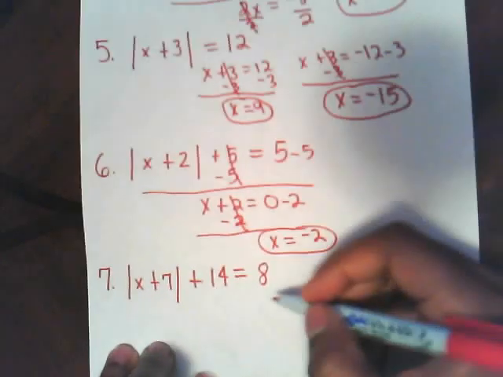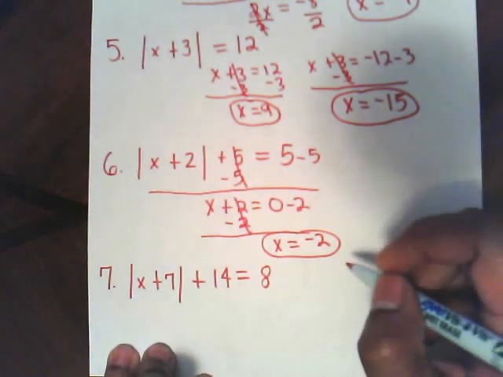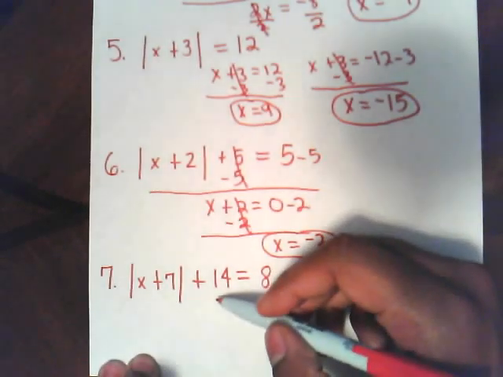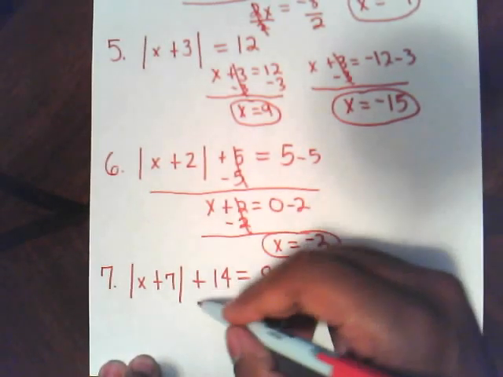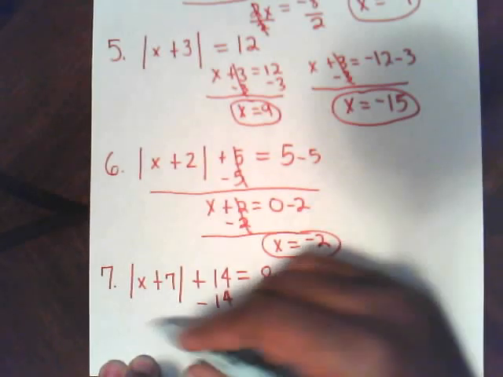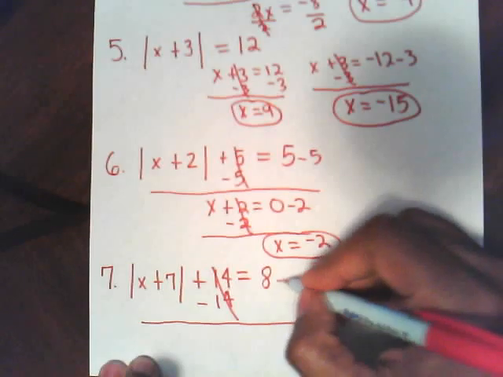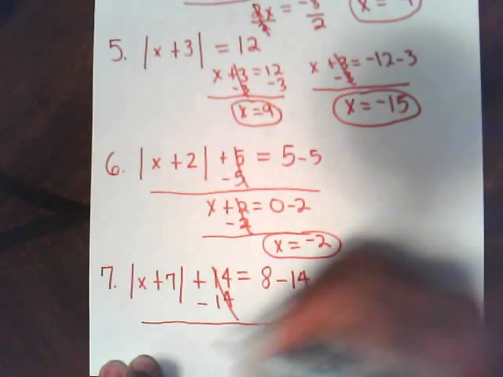Finally, and you're going to love this one, especially if you're the type to look at your notes. Because here, we're going to isolate away from the absolute value sign. To do that, we're going to subtract 14 because that's the inverse operation. 8 minus 14 is negative 6.